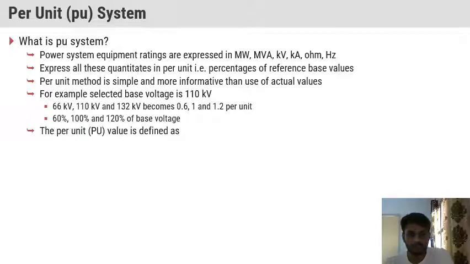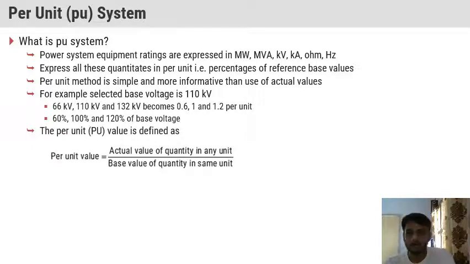So how is the per unit (PU) system value defined? Per unit value is equal to the actual value of the quantity in any unit, the unit doesn't matter, divided by the base value of the quantity in the same unit.